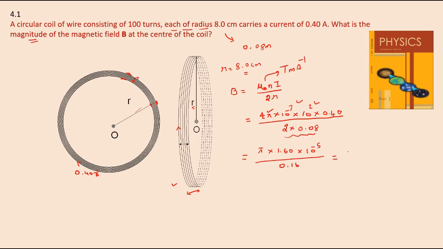This is equal to pi, this is 1.60, this is 0.16, so 10 into 10 to the power of -5, equal to pi into 10 to the power of minus 4 Tesla. Approximately, you can write this as 3.1 into 10 to the power of minus 4 Tesla. We confine ourselves to two significant figures. So we got 3.1 into 10 to the power of minus 4 Tesla. This is the answer. Have you understood this? Next question.